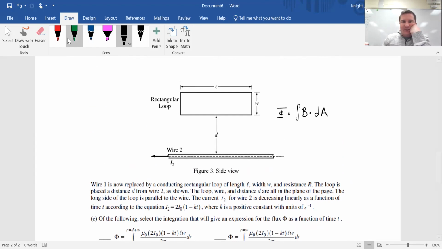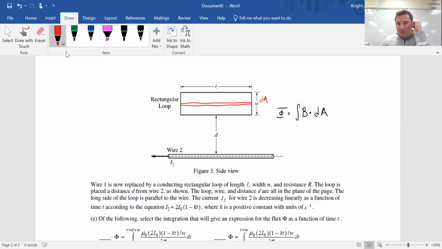We did something that was similar to this in class, right? When we had a variable magnetic field, because the magnetic field at the bottom is much less than the magnetic field at the top here. So we split this up into strips of loop, right? So we have little areas there, little areas dA, right?